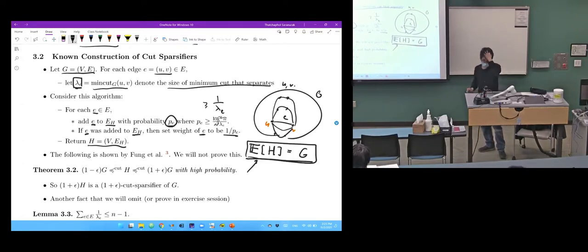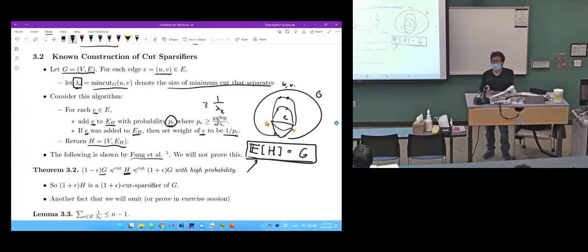In expectation this is not biased, but Fung et al. proved that it is actually concentrated. That is, H is basically cut equivalent with G within a 1 plus or minus epsilon factor.